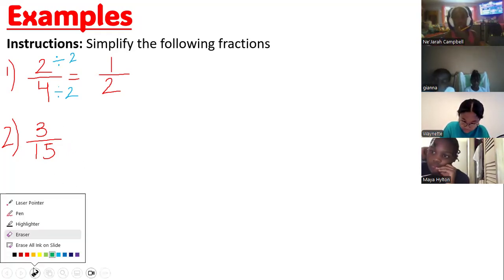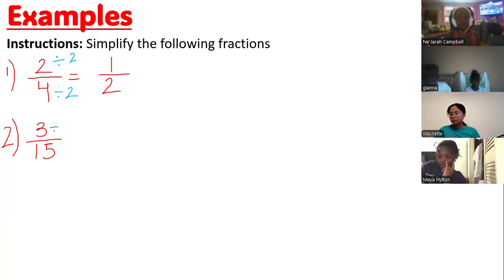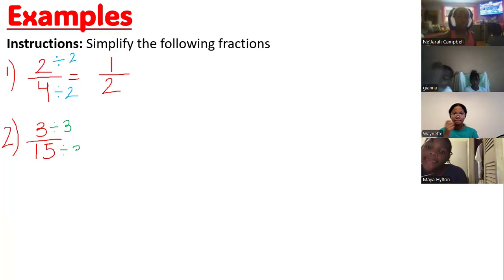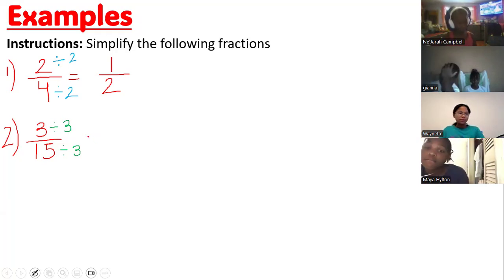Okay. So we say 3 divided by 3, and then we have 15 divided by 3. That's going to be equal to 1/5. So it's going to be equal to, 3 divided by 3 is what? 1.